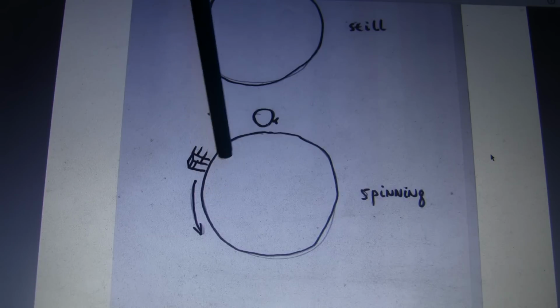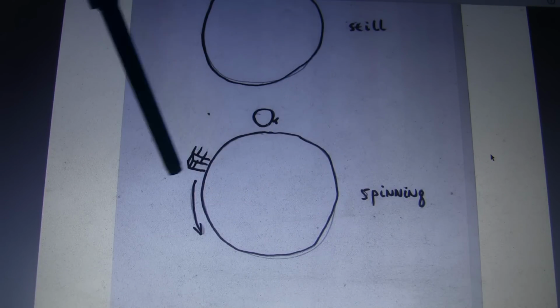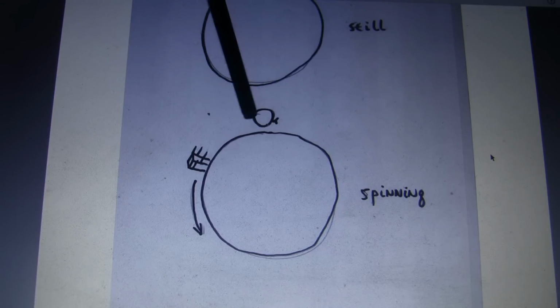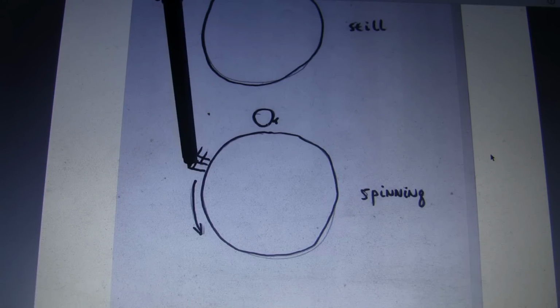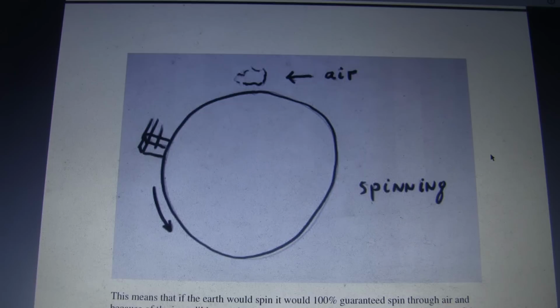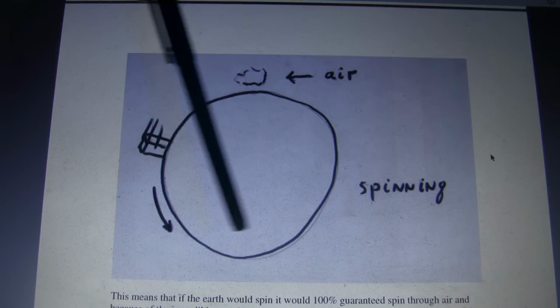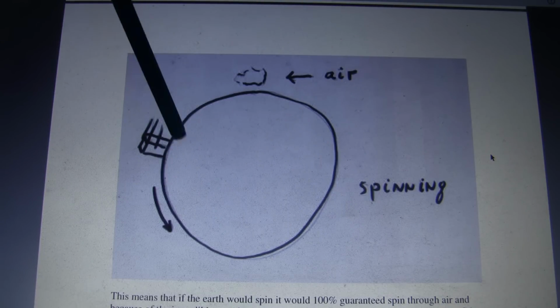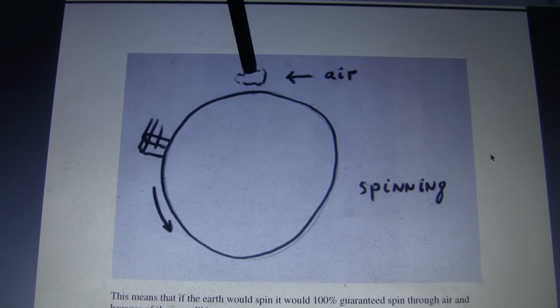The effect that the spinning Earth has on a balloon or a solid object are totally different, let alone the effect that it has on air. The effect that the spinning ball Earth has on a brick or a house or a skyscraper is totally different than the effect that it has on air that has no mass and is not attached.